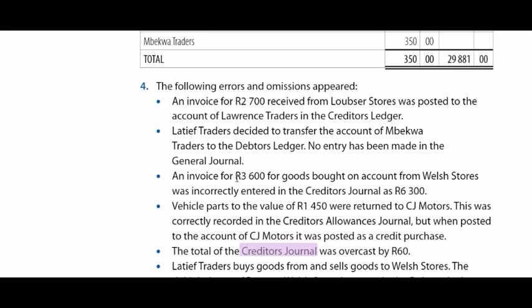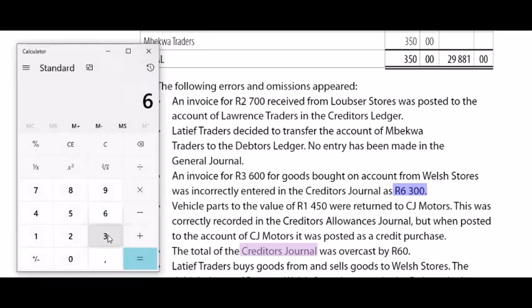We actually only bought goods with 3,600 Rand, but we recorded it in the CJ as 6,300 Rand. So we recorded R2,700 more than we should have.